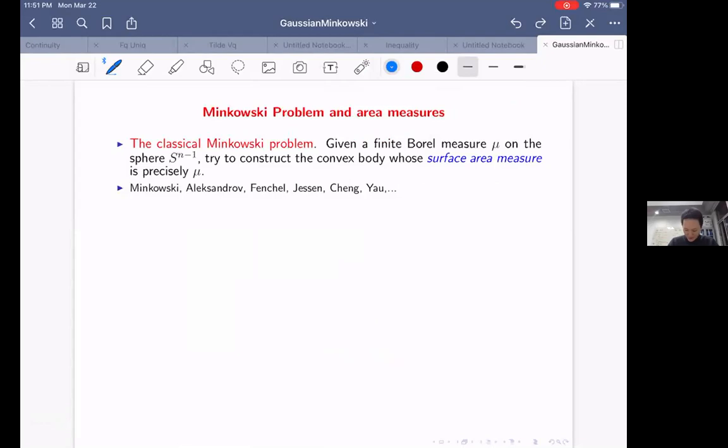About the surface area measure, there are many approaches to introduce it, and what I would like to do is to use the variational formula. It means that the volume of K plus tL is differentiable at 0, and the differential defines the measure on the sphere.